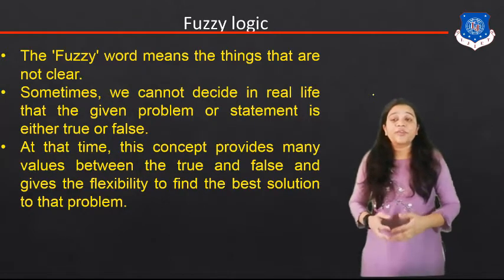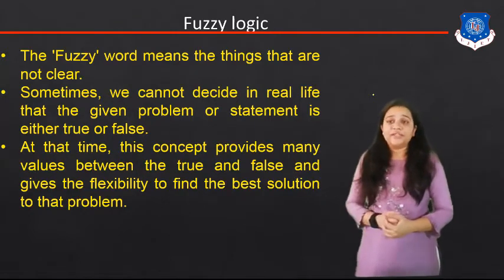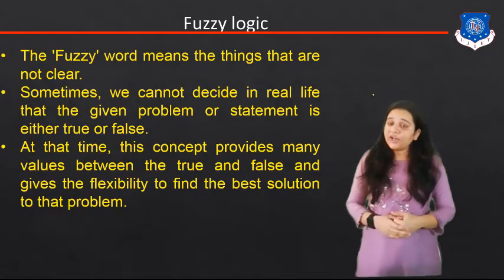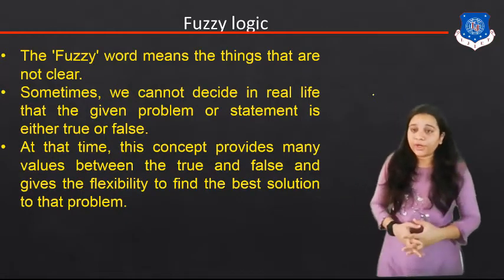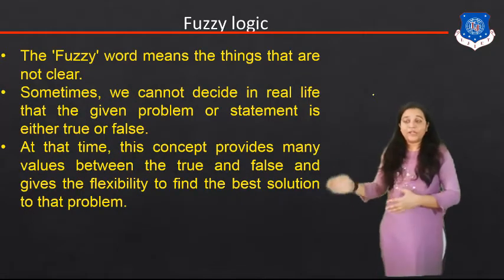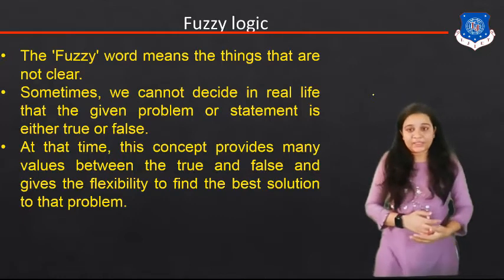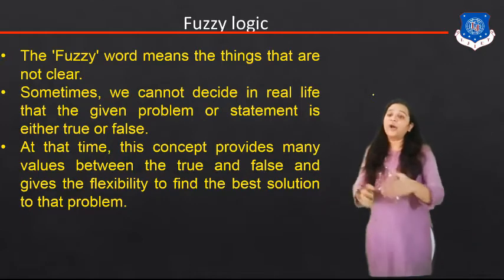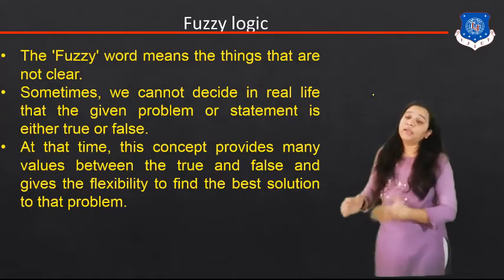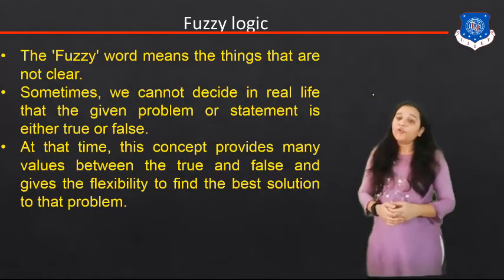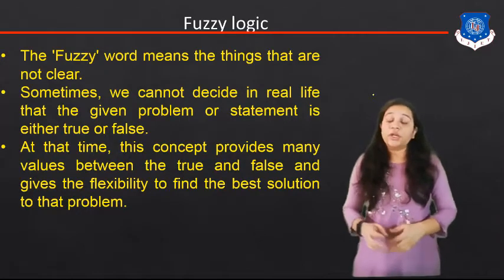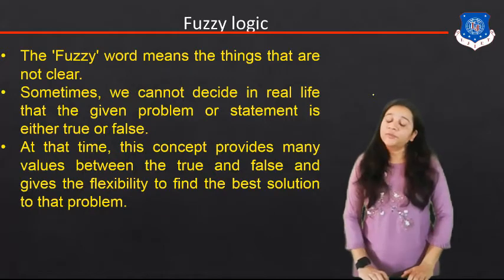That is found using the basics of fuzzy logic. So fuzzy logic is very important to find values between true and false conditions, or low to high values, and it gives the flexibility to find the best solution for a given system.